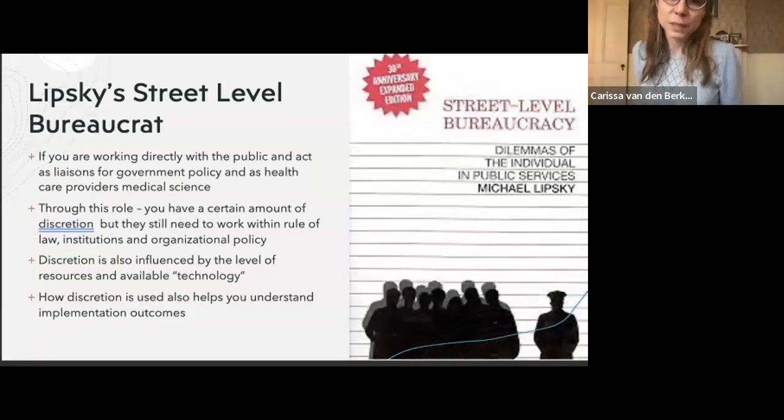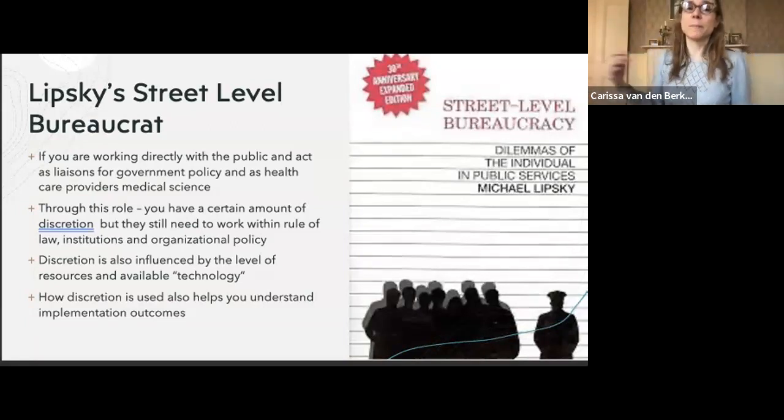the public. Through this role, you have a certain amount of discretion, though it really varies on the situation. But you still have to work within the rules of the law, the institutions, the organizational power, policy, and whatever power structures are in place. There's also whatever technologies you have in place.